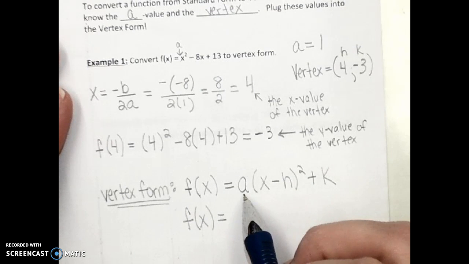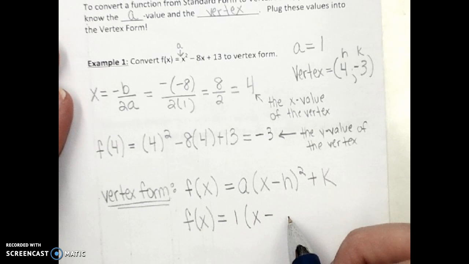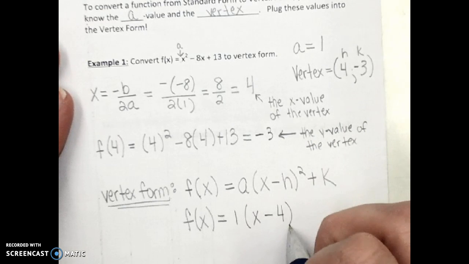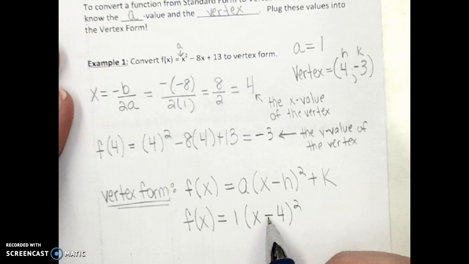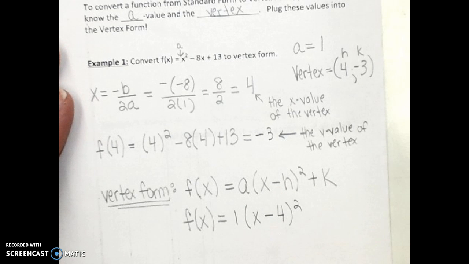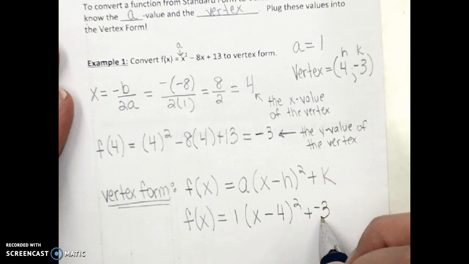You know a is 1. X minus, what did you know that h was? H is your x coordinate, which is 4. Plug in 4. Why is there a minus there? Because there's a minus in the original function formula, so you have to keep a minus there. And then bring down plus a negative 3. I plugged in my k.